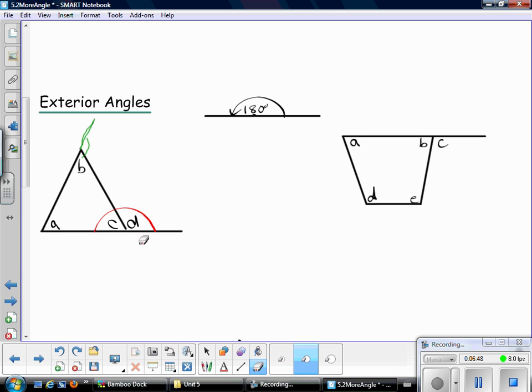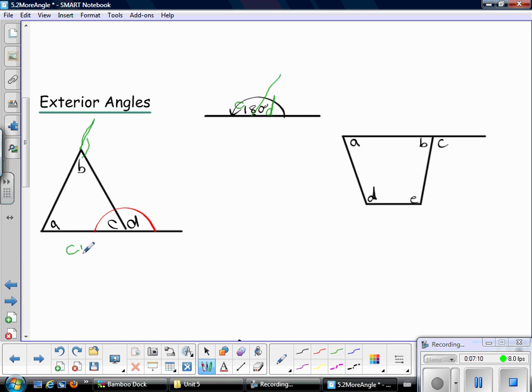So what's happening here is, when I cut it, sorry, I'm not doing a very good job at straight lines today with my mouse pen. Okay, I know that these two angles, D and C, have to equal 180 degrees, which is true.